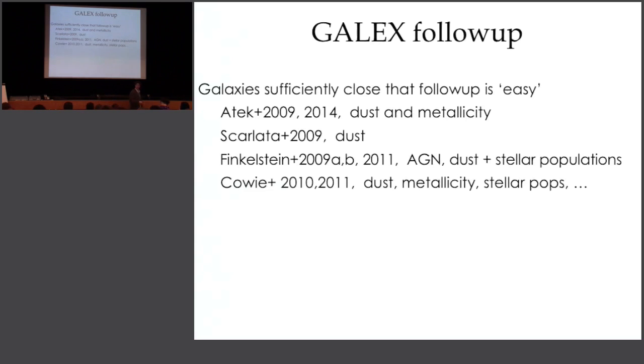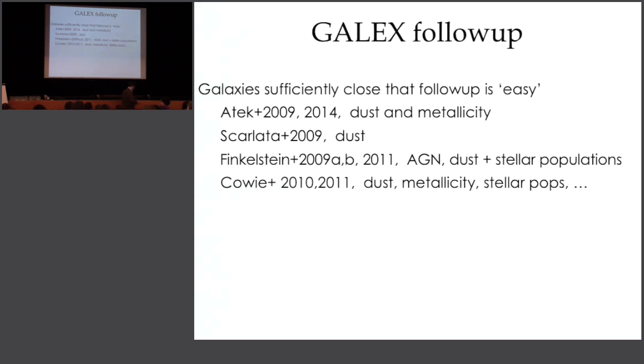The nice thing about having these large samples of galaxies at redshift 0.3 is that, of course, it's obvious, we can then go and follow them up with anything that we want to. They're near enough to see with even moderate telescopes on the ground, and they're near enough to see with lots of things.